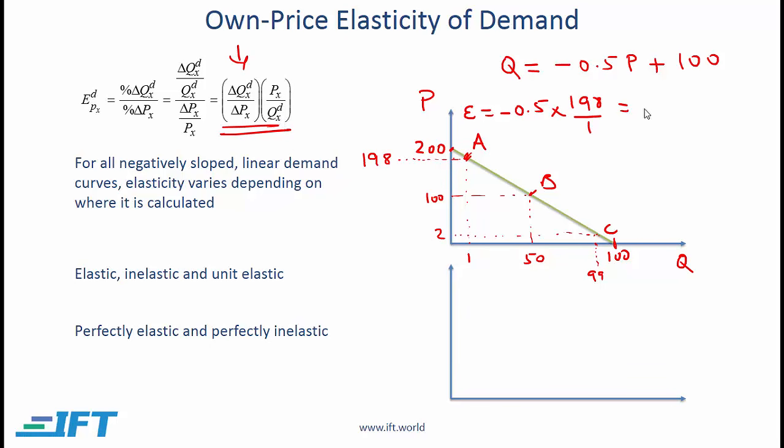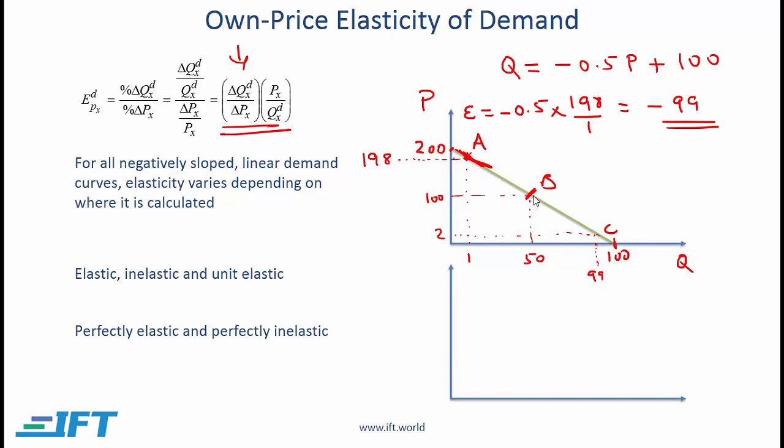So the elasticity here is minus 99. This is extremely elastic. So at this stage we are very elastic, which means that a small percentage change in price will have a huge impact on the percentage change in quantity. So this is clearly an elastic portion of the demand curve.